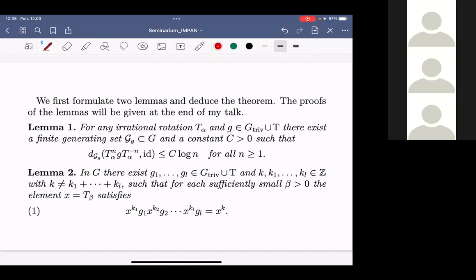So there exists a finite generating set G and some positive constant C, such that the distance between the element T_alpha, g, T_alpha inverse and the identity is less than C times log n, and it holds for all n greater than 1.